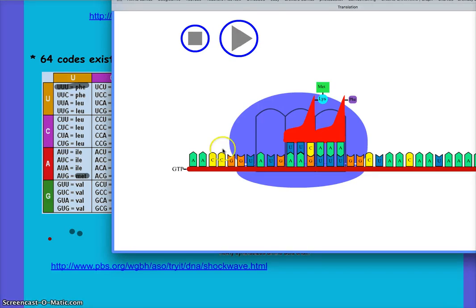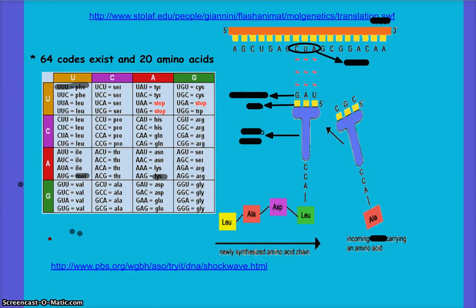Transporting, tRNA. What amino acid is coming? We're not supposed to know that though, right? You're going to get this chart. Oh, okay. GGC, right here, don't get confused. The mRNA holds the message. GGC says, bring me this amino acid, okay? tRNA just brings it. It doesn't decide who's coming.